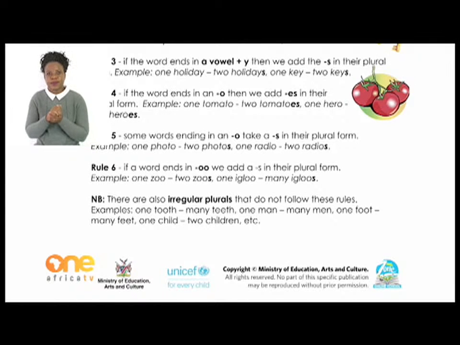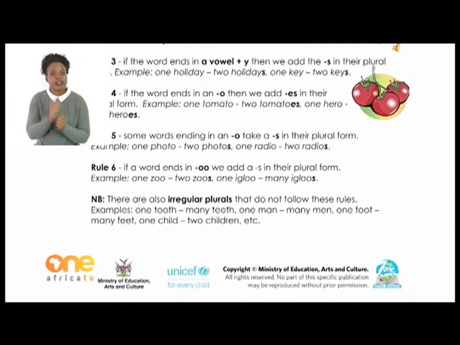There's one thing that I want you to understand, boys and girls. Not all nouns are added ES or S. There are also irregular plurals that do not follow these rules at all. Example, we've got nouns like tooth. One tooth.